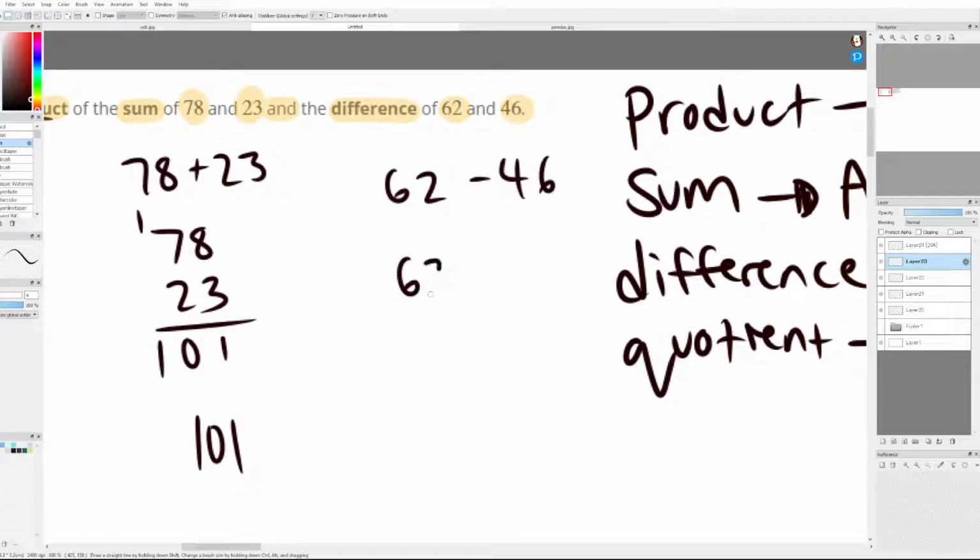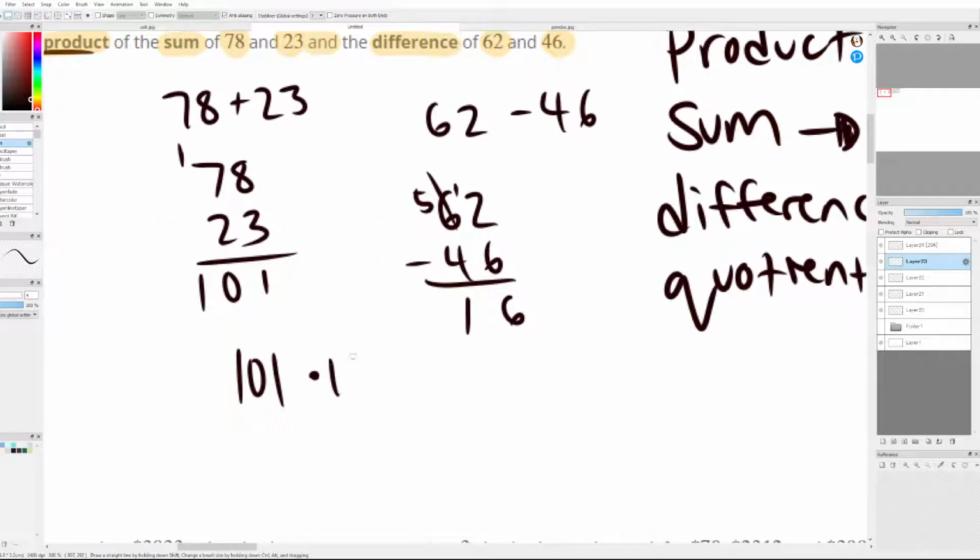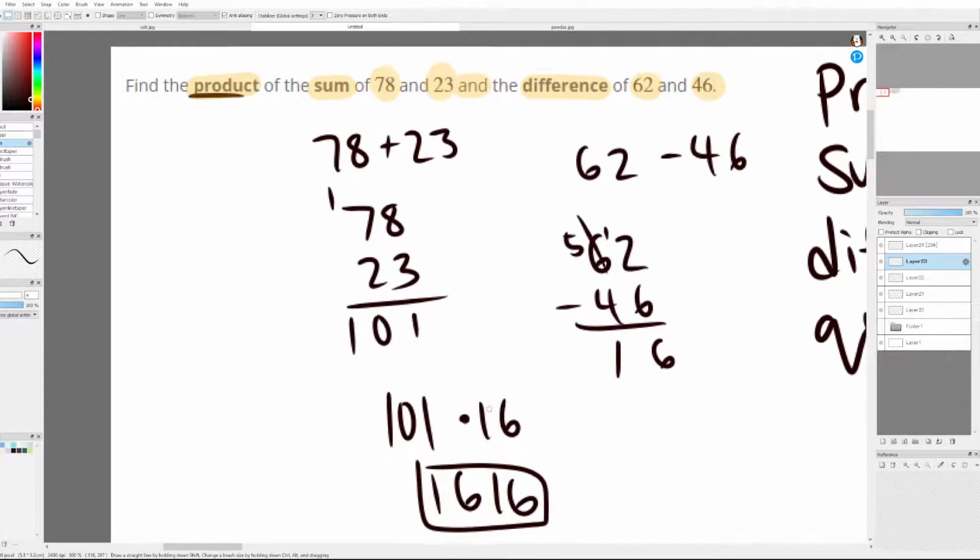So we have 62 minus 46, which will give you 6 and this will give you 1. So we have 101 times 16, which should get you 1,616. Let me just double check that. Yep, that should be our answer for this question.